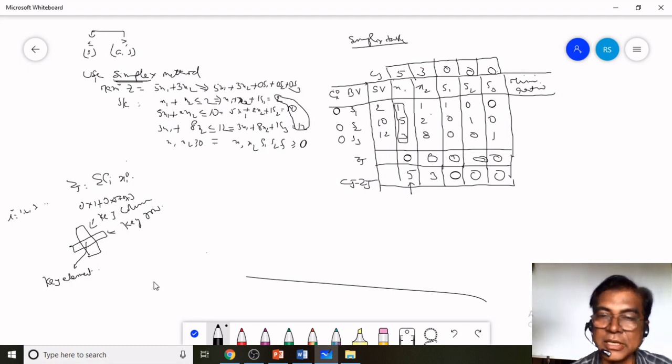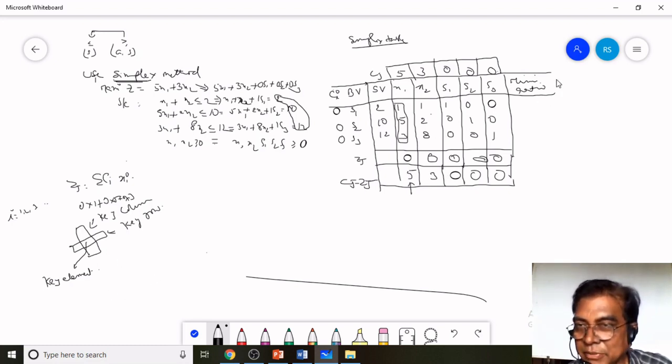Next is the minimum ratio. The basic formula for the minimum ratio, a simple logical formula, is SV by Kc: solution value by key column. Kc means key column.